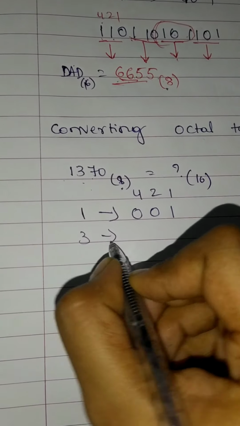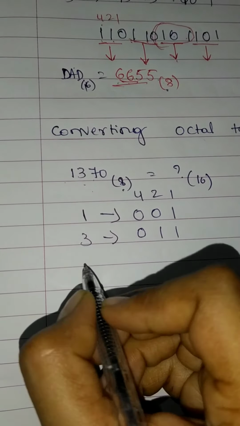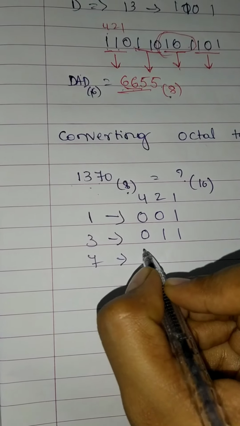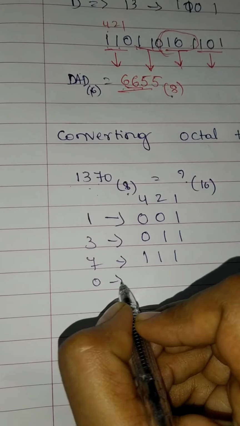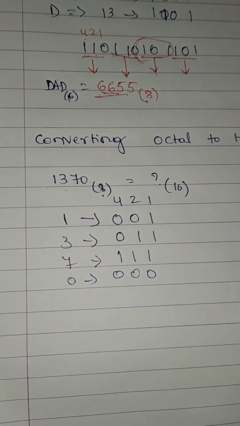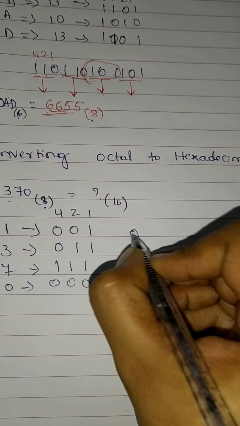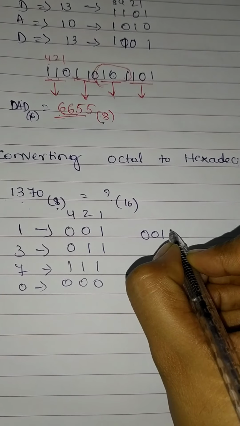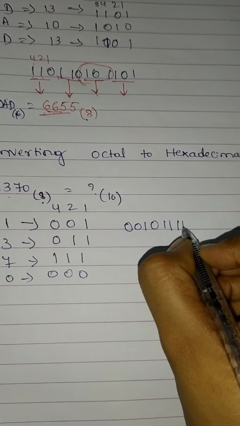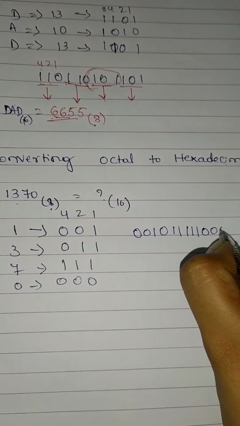For 3 we can write 011. For 7 that is 111. Then for 0 that is 000. We combine all the values: 001, 011, 111, then 000.